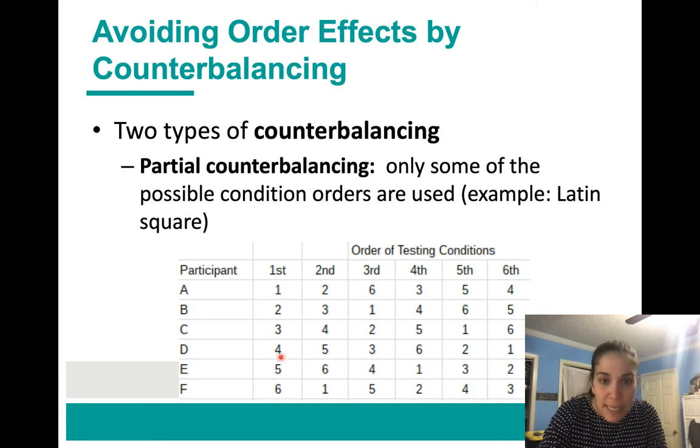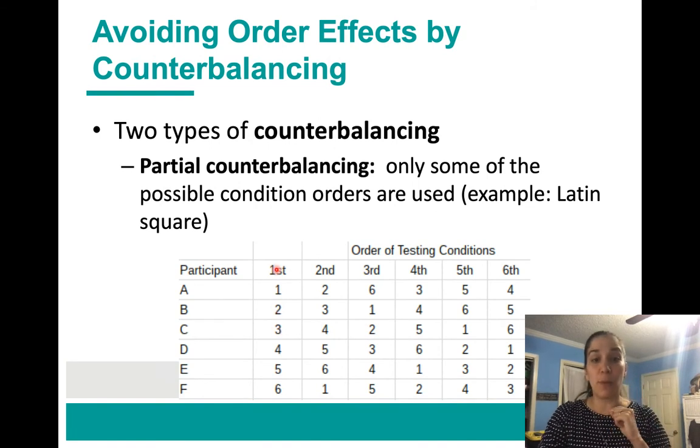And so you'll see here in the order of testing conditions, across all these participants, condition 1 is exposed first to at least one participant. Independent variable level 2 appears first at least once.